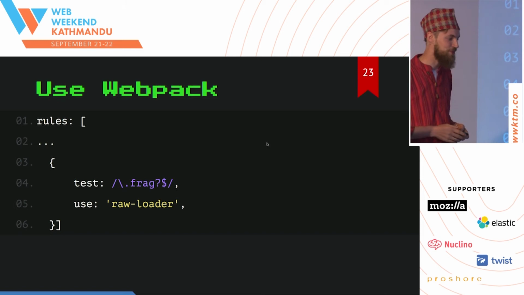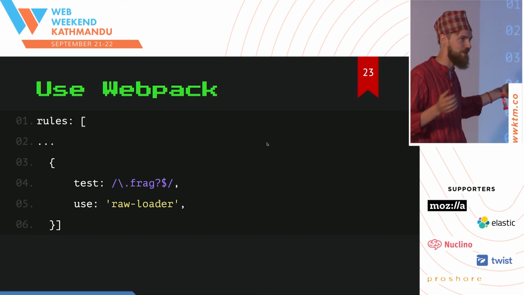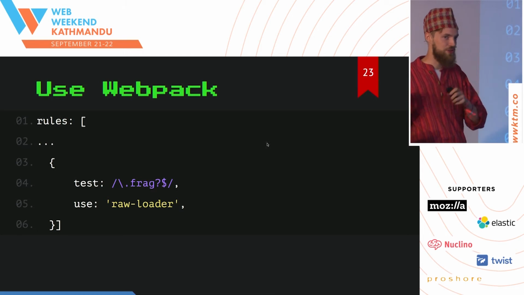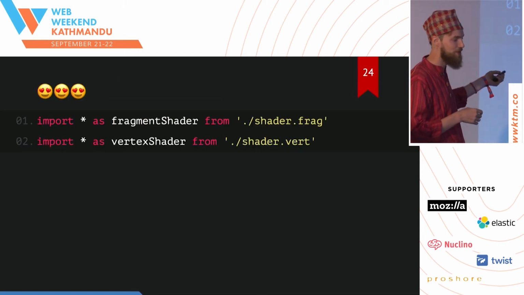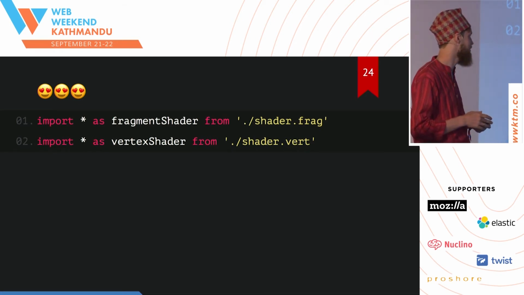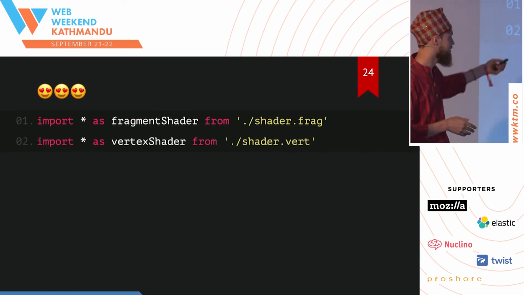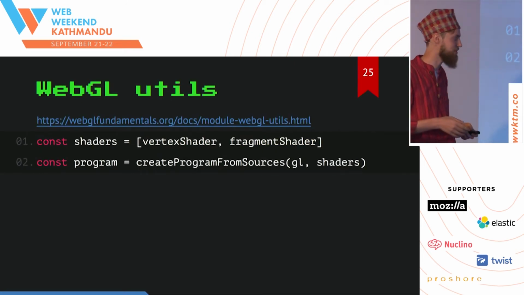Webpack is pretty simple because you can find a raw loader to load everything as a string, because you need to pass your shader code as a string to WebGL to compile it. And your code becomes better. It's JavaScript like your modules, like the CommonJS modules you used before, and it just works, and your code looks better than with script text.